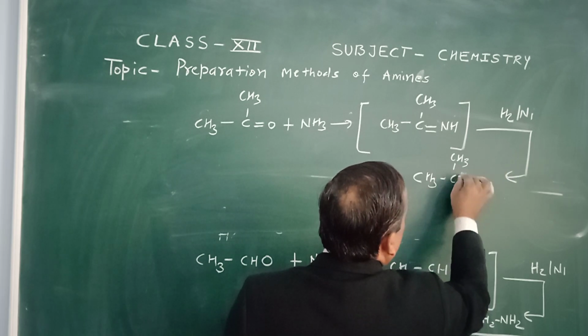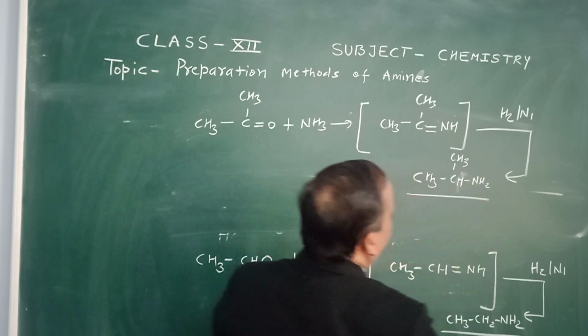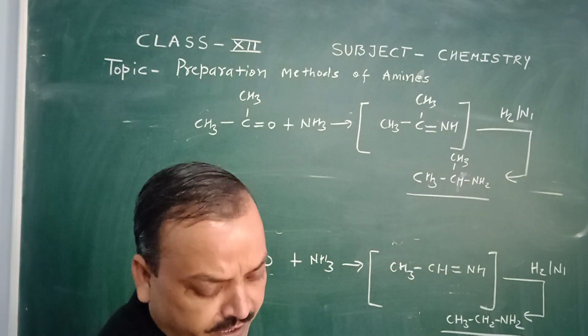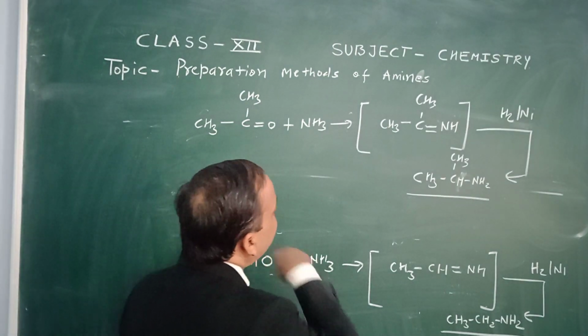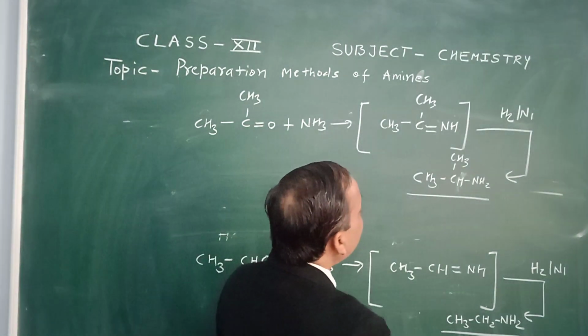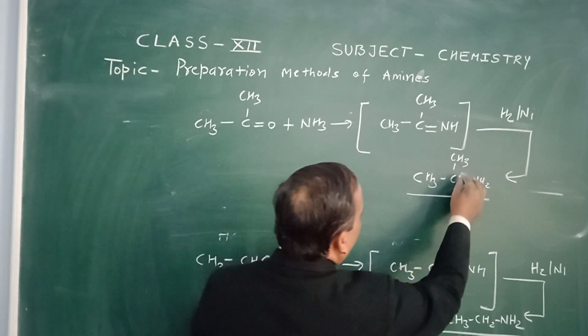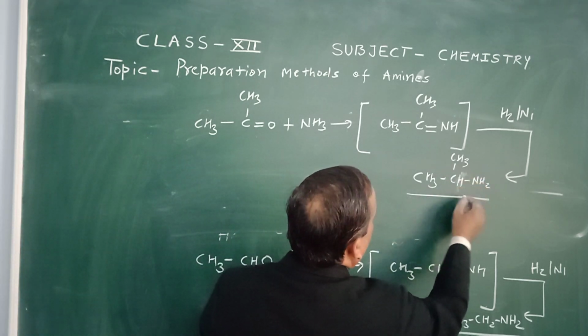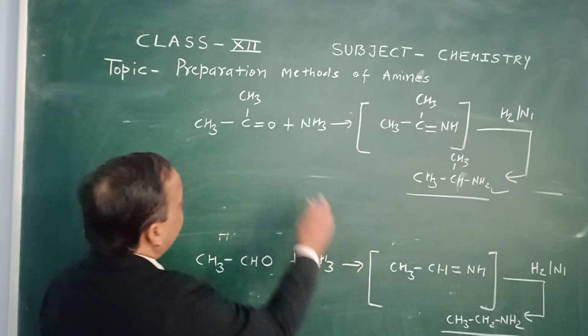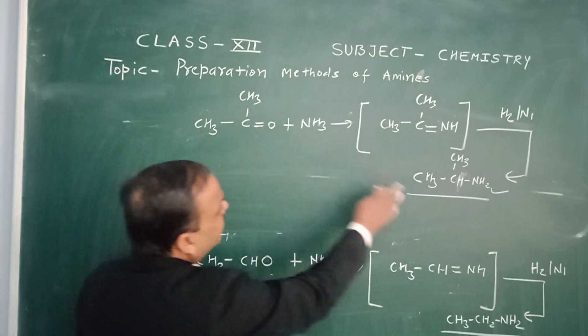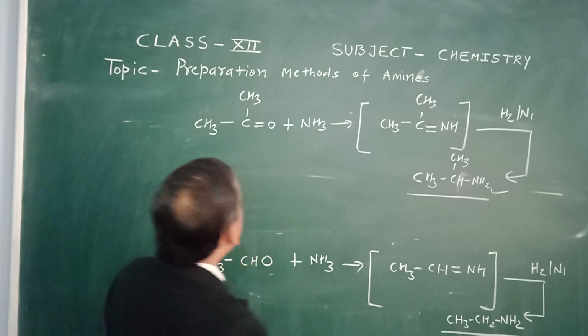If we have any confusion about the product, we have to count the valency of the carbon atom, that it is not more than 4. So it is correct. This is the method through which a ketone converts into the amine.